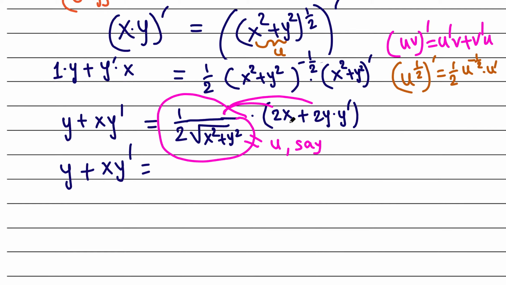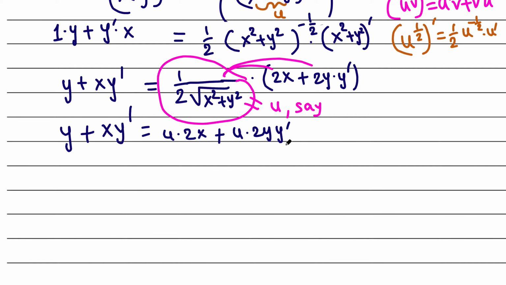So this is u times 2x plus u times 2y y prime. Okay, and we are trying to isolate y prime, and y prime is here and here, so we need to collect them on one side. So we can move this to the left, that means subtract this.